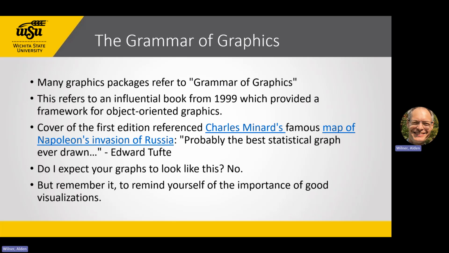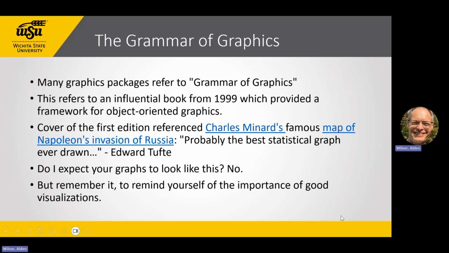Before I jump into that, I'm going to say that the grammar of graphics actually refers to a book. And I went to the ABWA library and checked out the book. And we'll talk about this later on when we talk about what is good graphics. What do good charts look like?